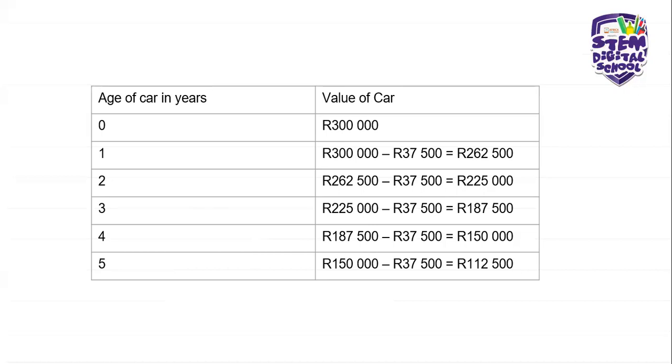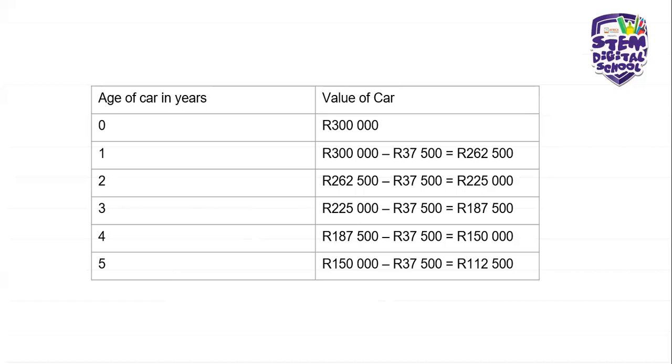And by the second year, again, it will lose the same value. Remember, this is simple interest. Straight line depreciation simply means there will not be any changes in the value that is lost per annum. It will lose the same value every year because we are using the simple depreciation formula. And then at the end of the second year, the amount will be 225,000 rands.